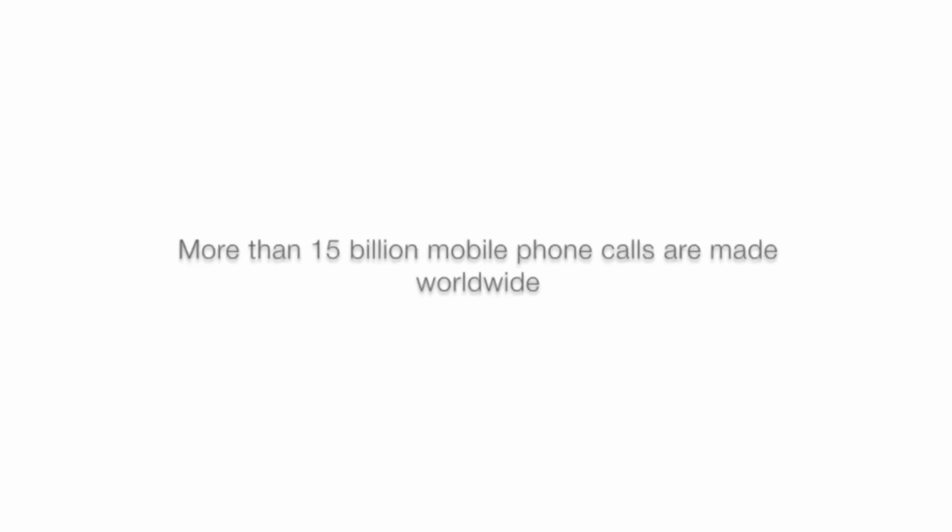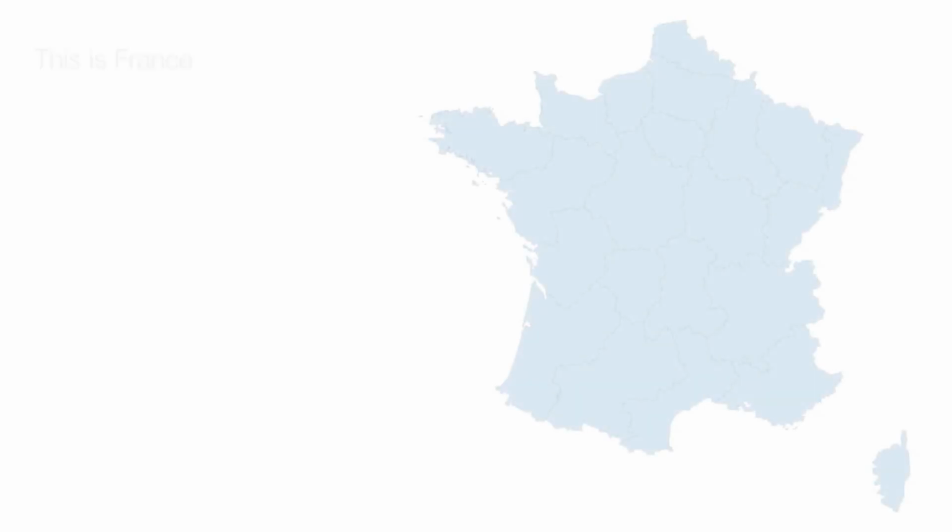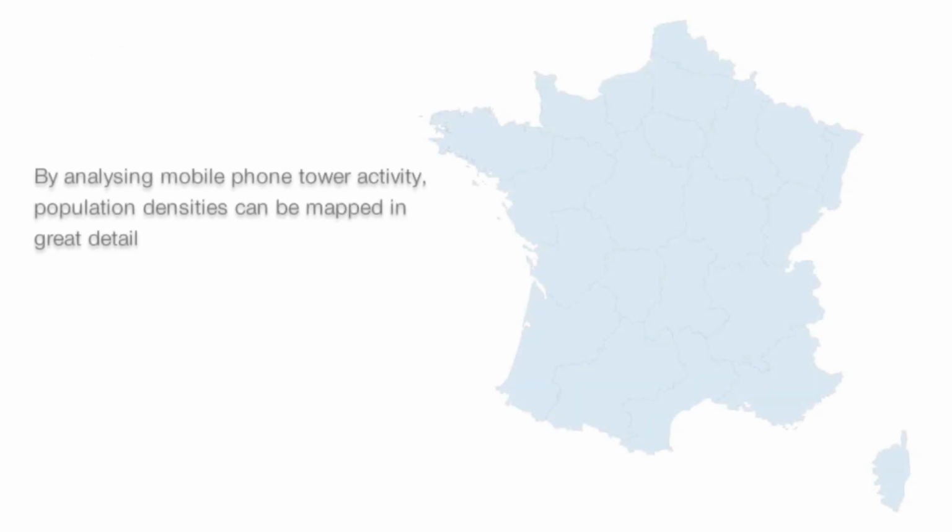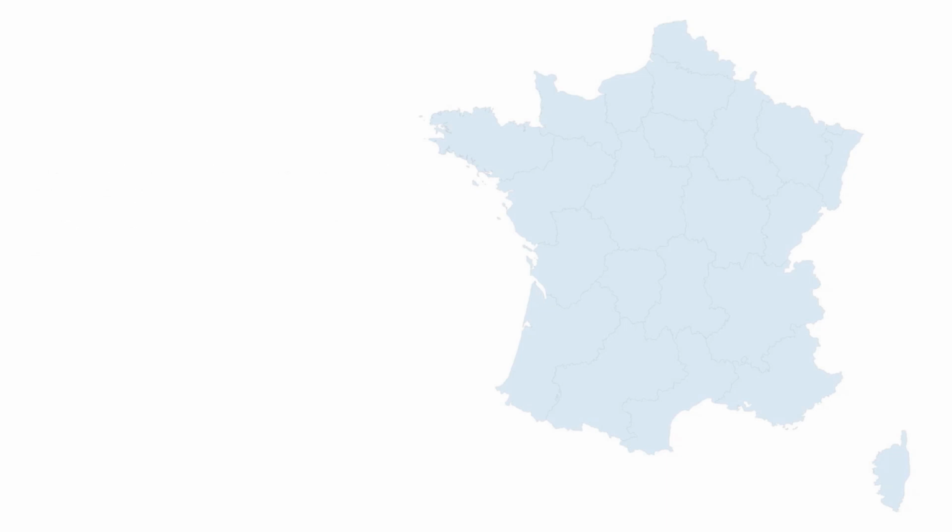So hopefully this works. This is quite an old video now from a paper we did maybe 10 years ago, but it's still a nice demonstration of how mobile phone data has the potential to capture some of these population dynamics that we've never been able to see before over large scales.